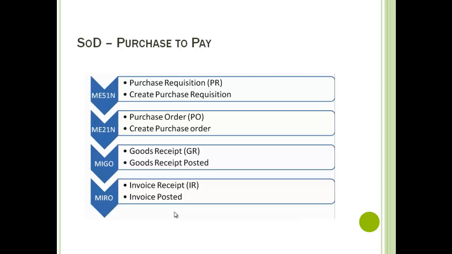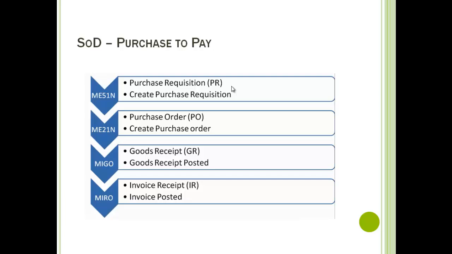Let's say in the purchase, we come back again to creating the purchase requisition. This will be done by a salesperson or a service person or some kind of requester or a manufacturing person who will raise a purchase request. They say, I need to purchase some items like this.